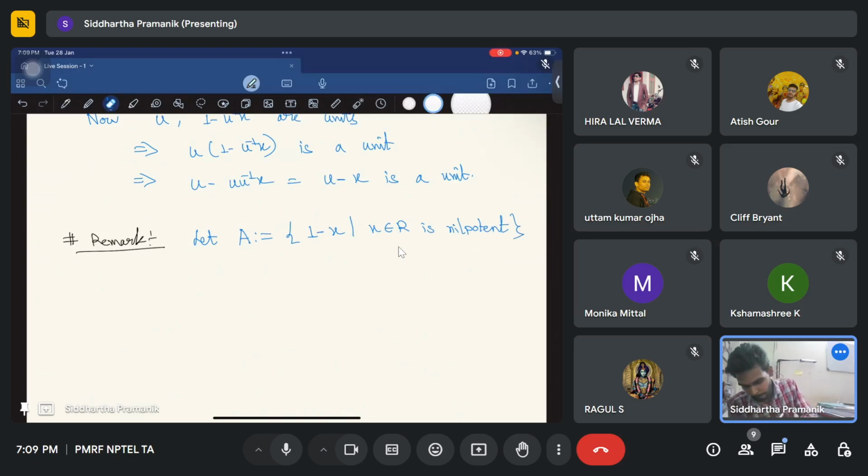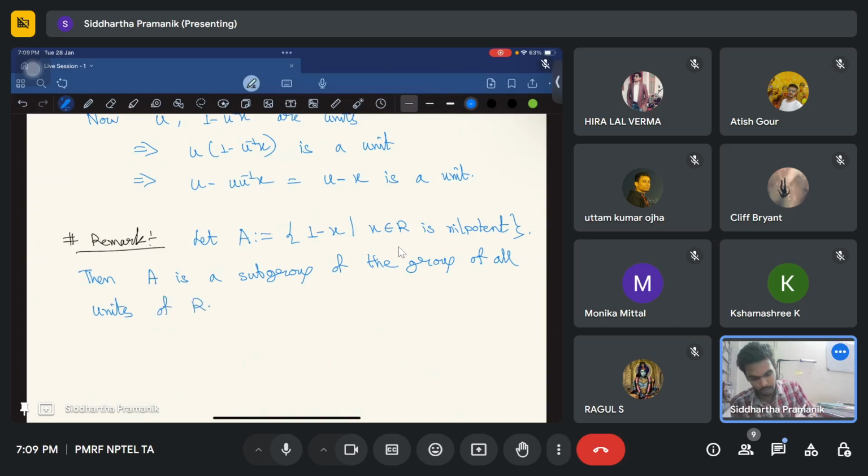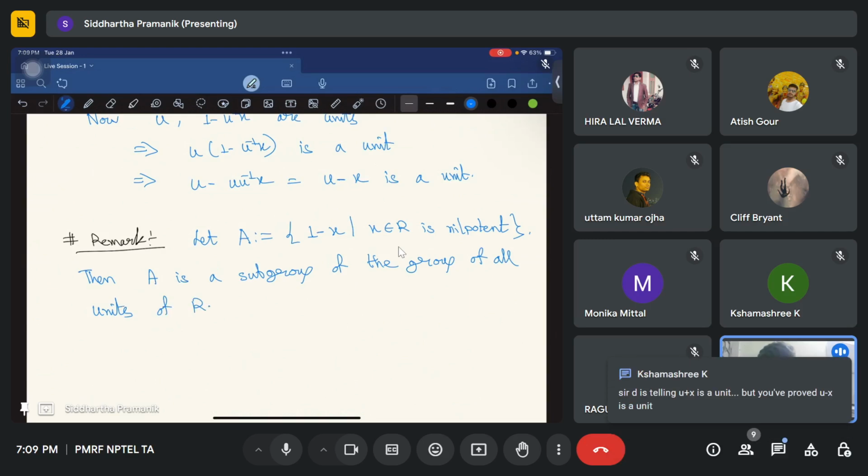Then A is a subgroup of the group of all units of R. So I have already proved that the set of all units of R is a group.